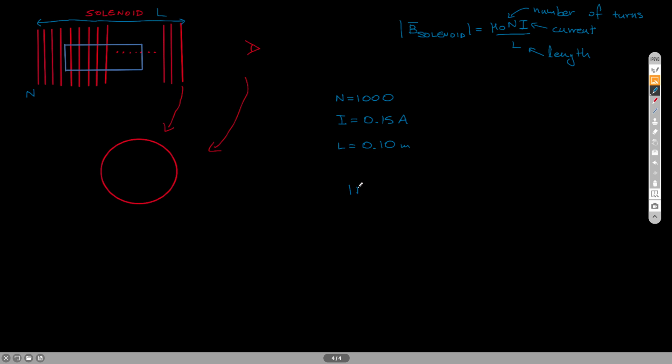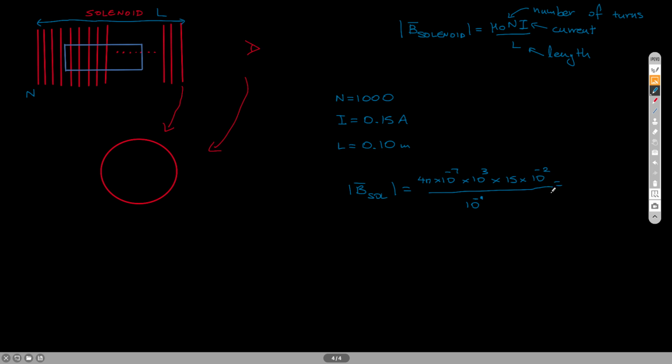Then the magnetic field that the solenoid would create inside: mu naught is equal to 4 pi times 10 to minus 7, n is equal to 1,000, the current is 15 times 10 to minus 2, and for the length I have 10 to minus 1.